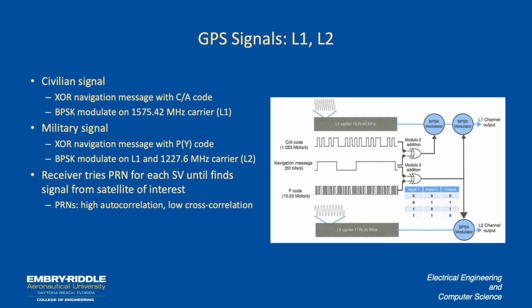So the receiver coming in now can try the pseudo-random noise sequence for every space vehicle and find, again, these pseudo-random noise sequences have the property, if you compare the one to itself, what's called the autocorrelation, you get a large number, and when you compare it to the other pseudo-random noise sequences, the cross-correlation, you get a small number.